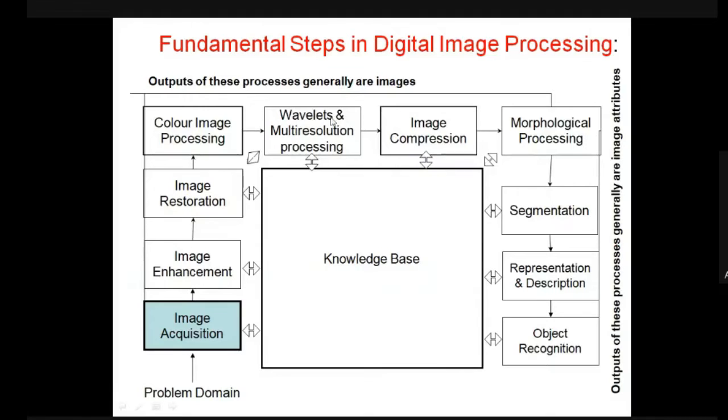The next blocks on this side are called mid-level processes because the input is an image and the output is attributes. And we have a knowledge base in between. So we will understand each and every block now.